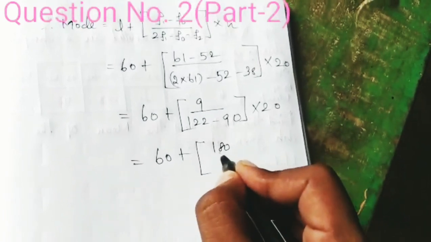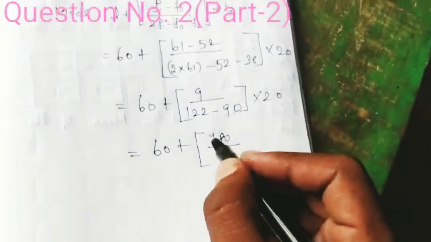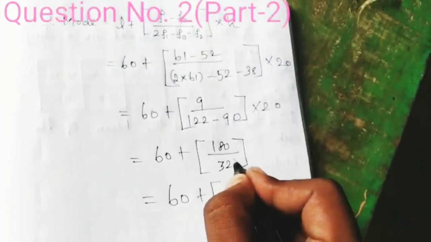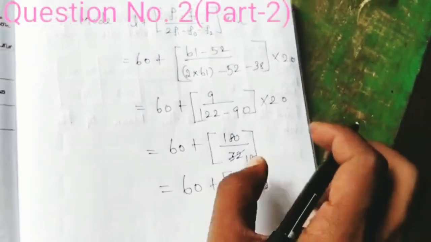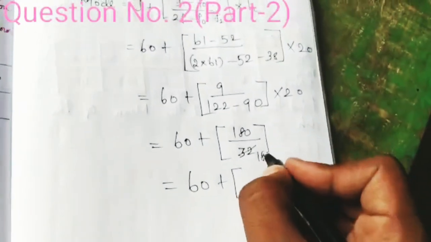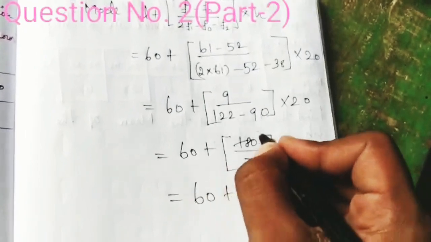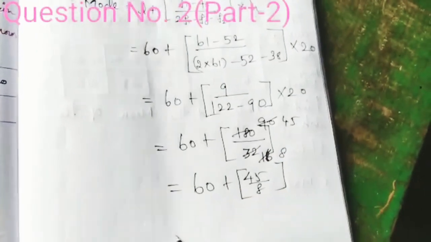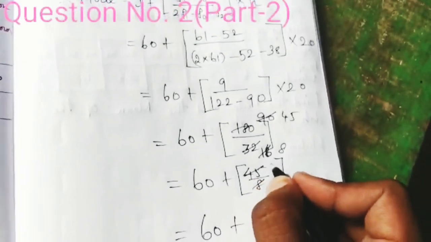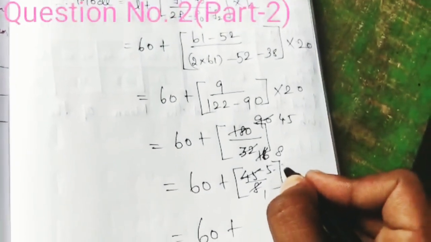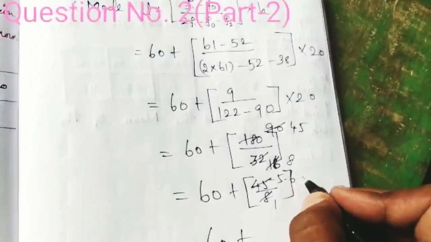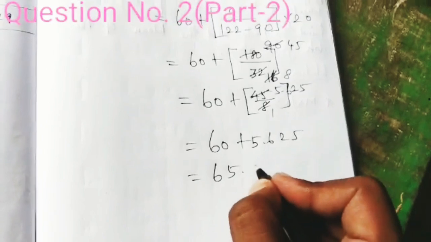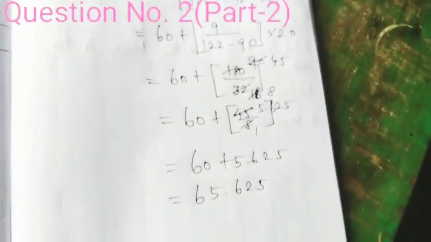9 times 20 is 180, divided by 32, and simplify the answer. 60 plus 180 by 32. Simplifying, dividing by 4, we get 45 divided by 8. 45 divided by 8: 5 eights are 40, balance 5, 50, 6 eights are 48, balance 2, and 5.625 comes as the answer. So 60 plus 5.625 is 65.625.